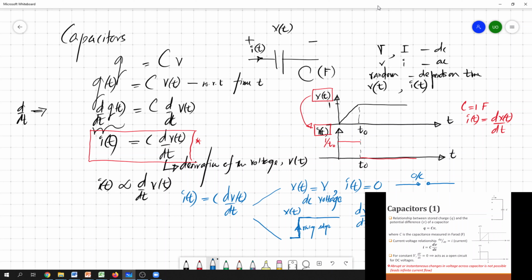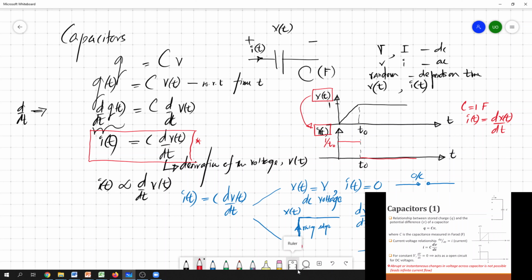During this, no voltage change appears across the capacitor, so the derivative becomes zero. Again, during this period, the applied voltage is a constant value, so again the derivative becomes 0. From here onwards also the derivative becomes 0 and the induced current is 0. But at t naught, it jumps from 0 to this fixed value.